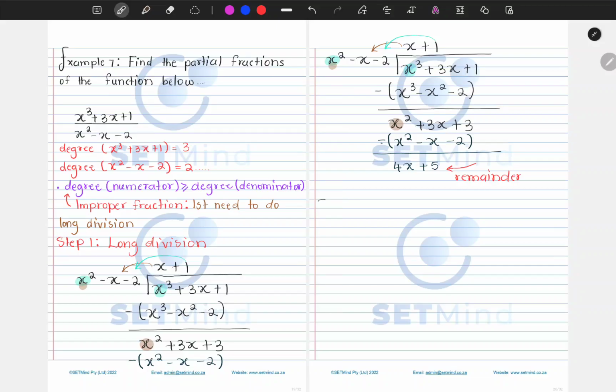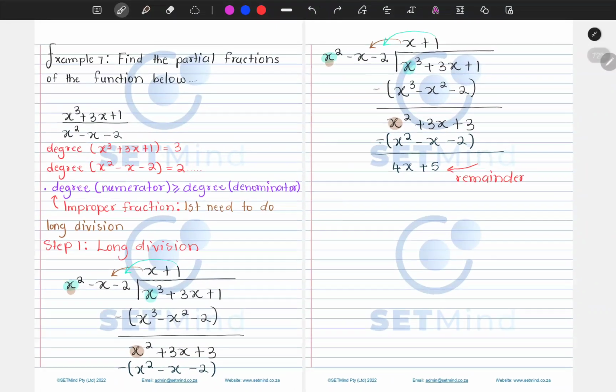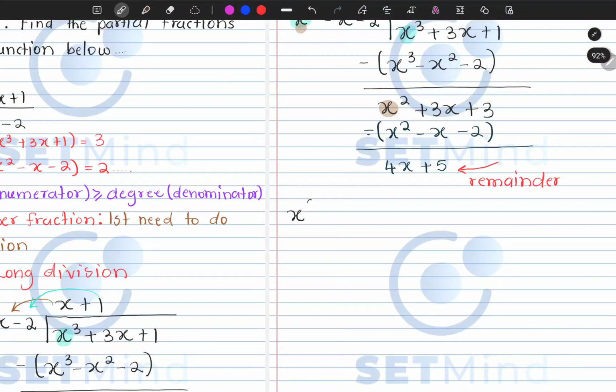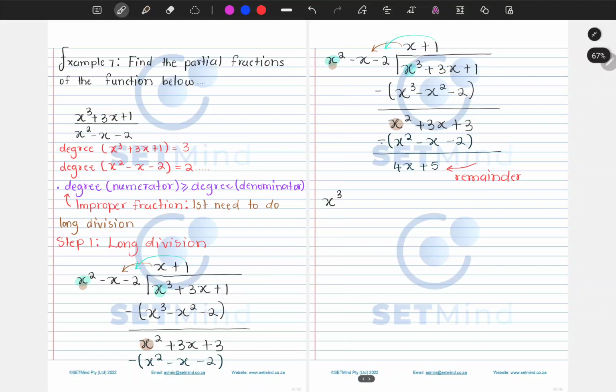So essentially x cubed plus 3x plus 1 divided by x squared minus x minus 2, the answer becomes what is at the top there, x plus 1 plus, now the remainder, 4x plus 5, and this will be divided by x squared minus x minus 2.